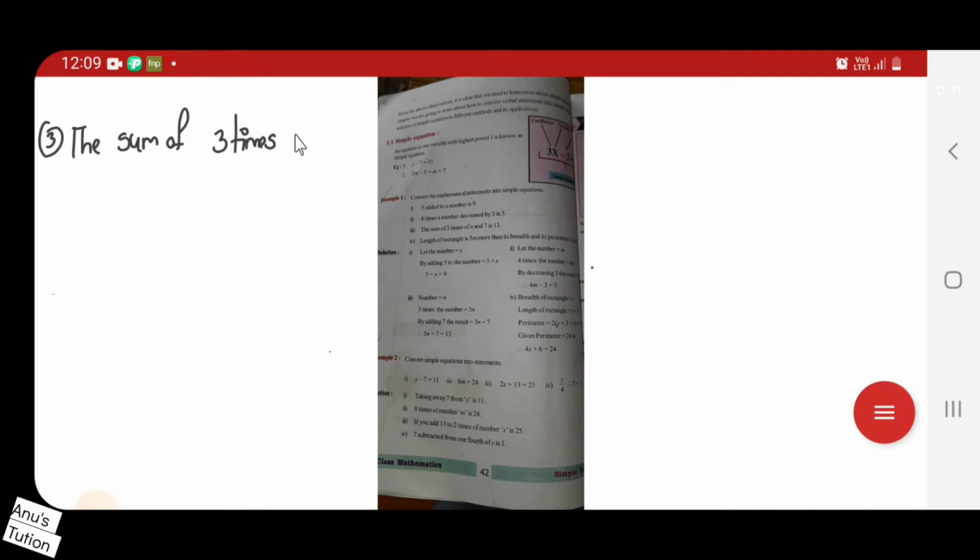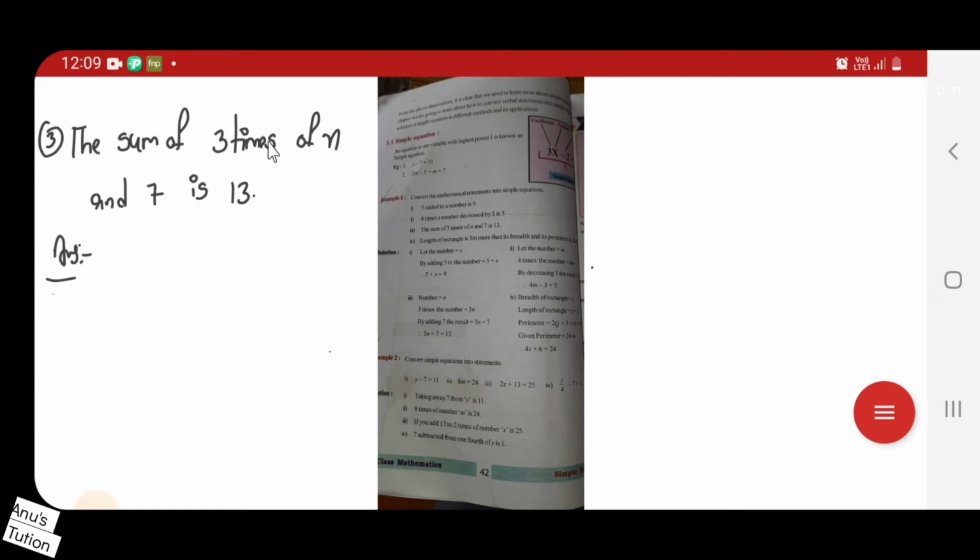Okay, 2 more we will see now. Next, the third one: the sum of 3 times n and 7 is 13.